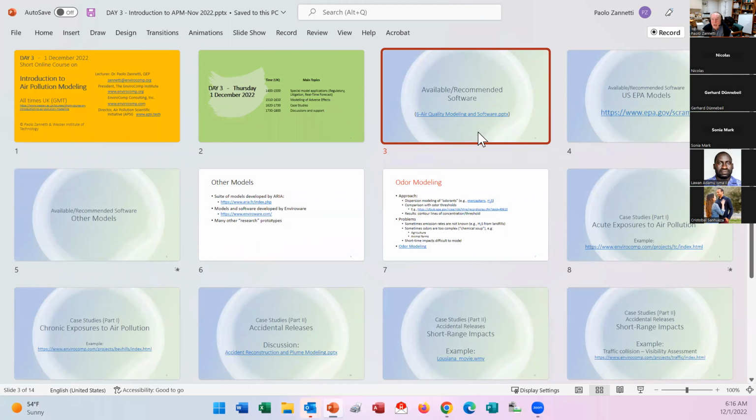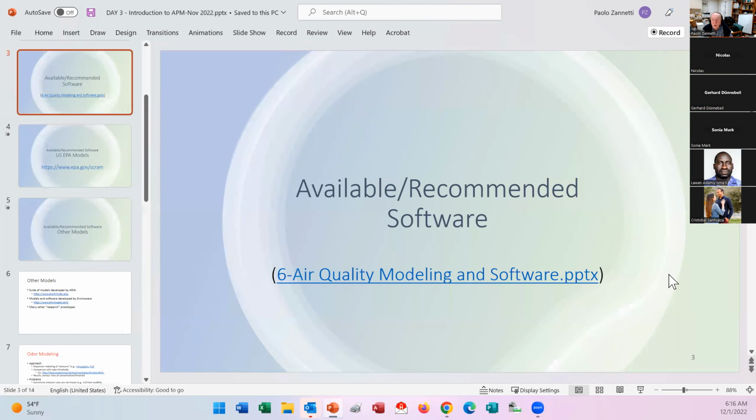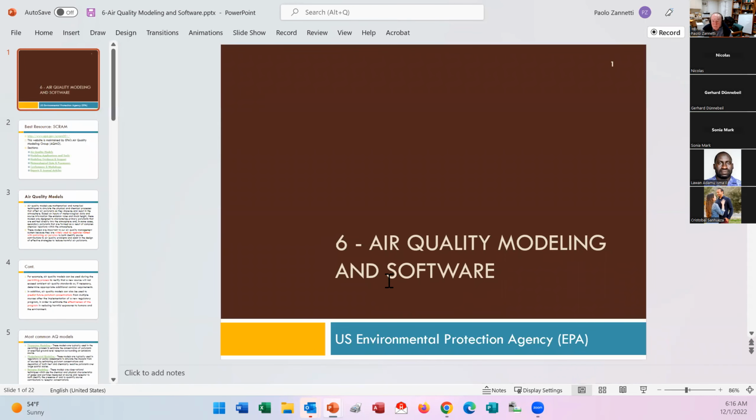a few words on available and recommended software. We already talked about the EPA models and the SCRAM website. That is my first recommendation on how to choose a model.